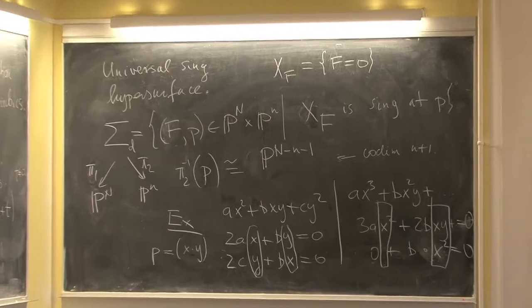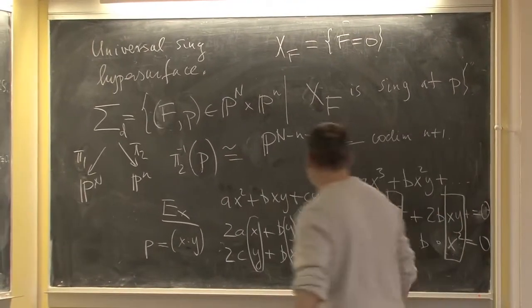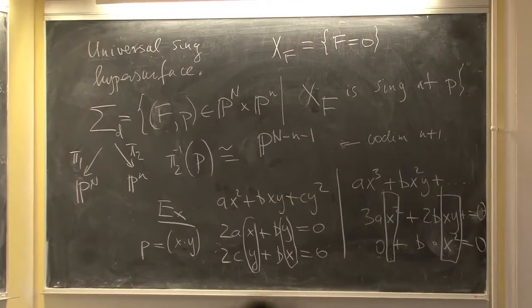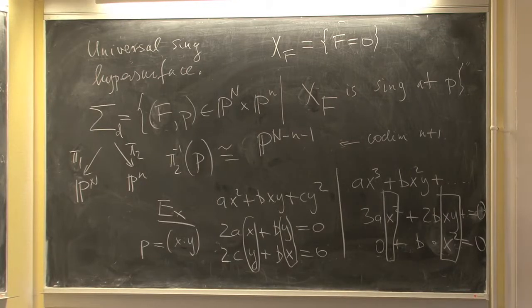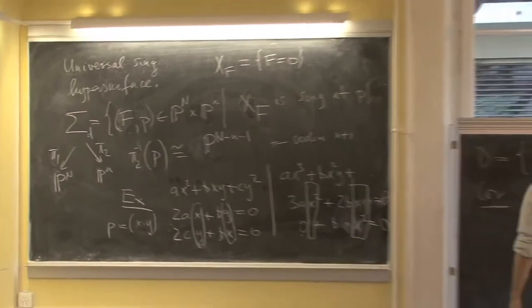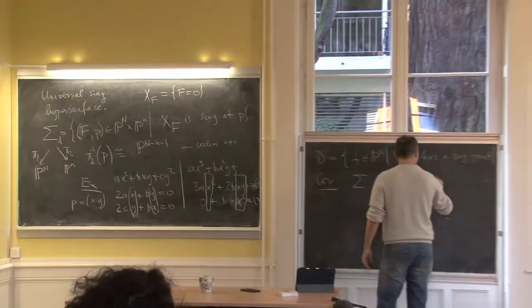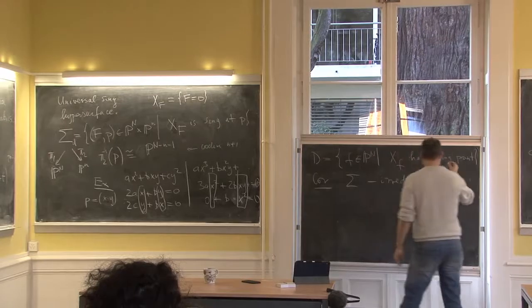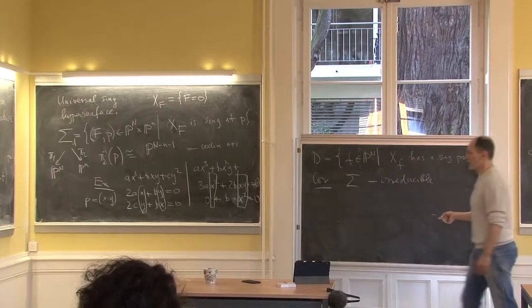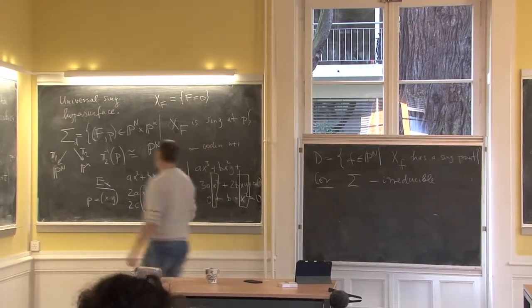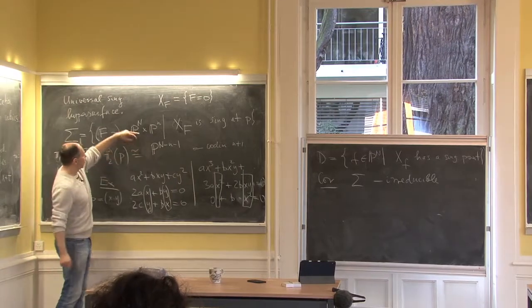So an immediate corollary is that this sigma is irreducible. I'm not proving it absolutely precisely, but it's not surprising, it follows from a general result. So now what is this sigma?